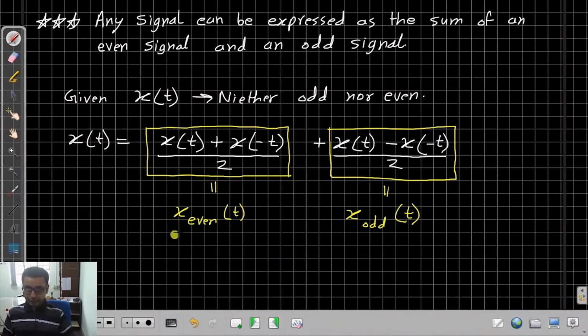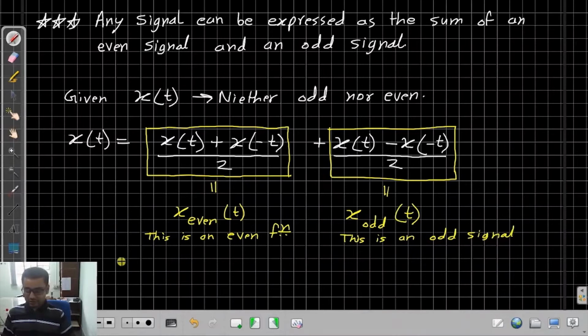Now you can verify that this function x even is an even function. Let's verify. I'm claiming that this is an even function or even signal, and this is an odd signal.